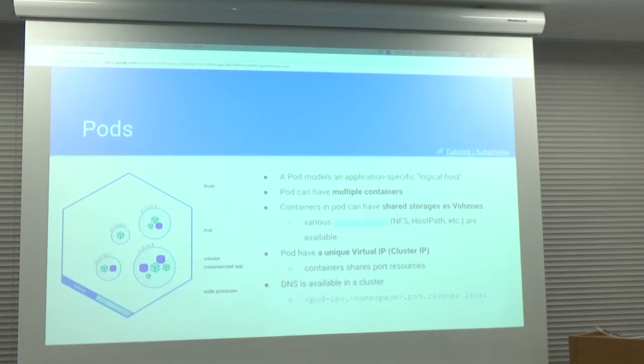This means containers share the pod's resources in the pod. And DNS is available in the cluster. So Kubernetes automatically creates a DNS entry like this: pod IP, namespace (namespace I'll talk about later), and pod.cluster.local. The cluster endpoint DNS, cluster.local, is customizable.